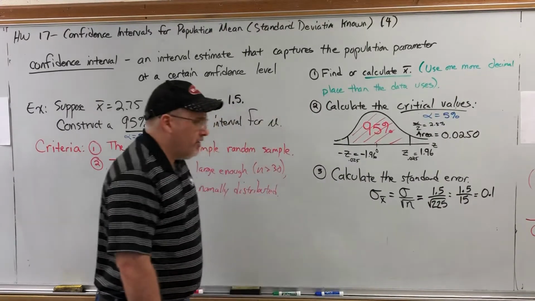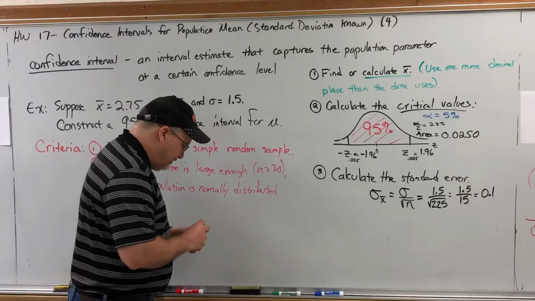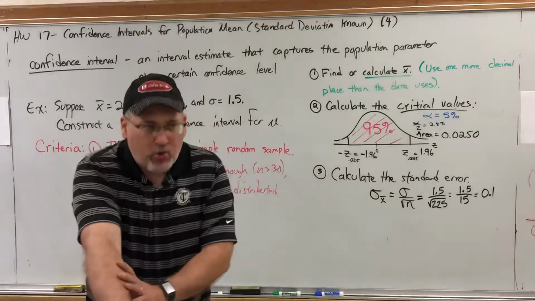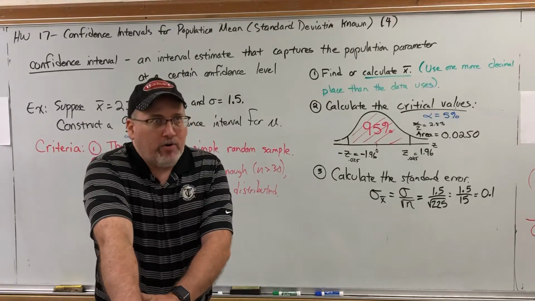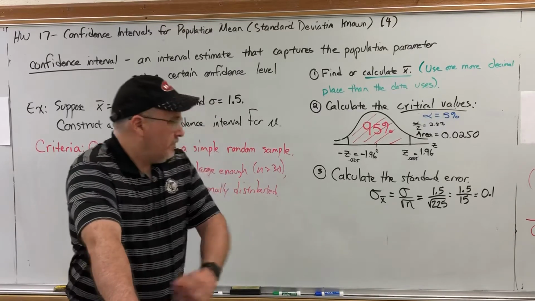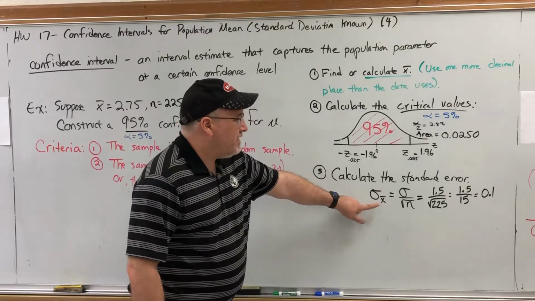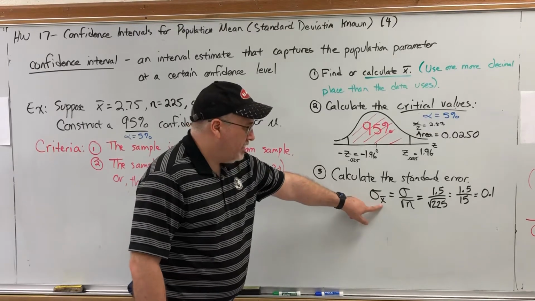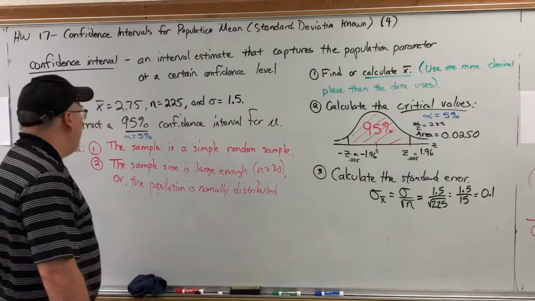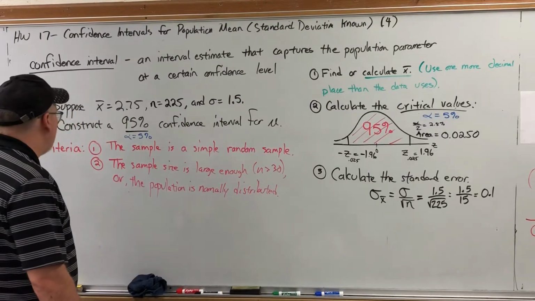Now, this standard error is not our margin of error, but let me kind of explain what happens next. If you go way back to when we first talked about z-scores, a z-score was the number of standard deviations from the mean. This is the standard deviation in the sampling distribution of x bar, and our mean is our point estimate.